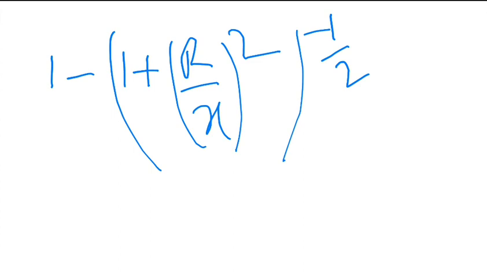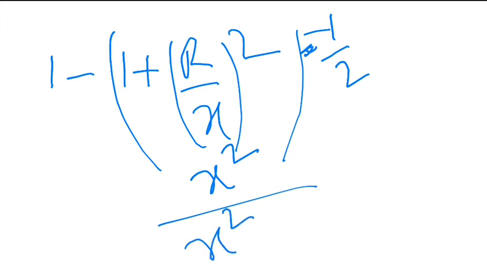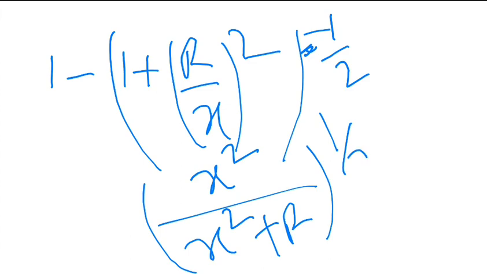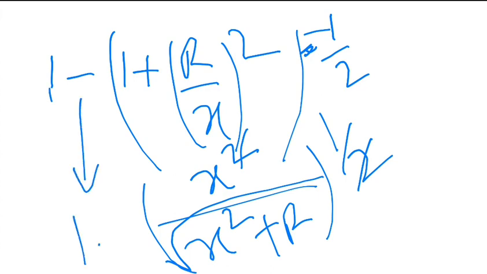Now because of this minus sign, this gets reversed and this will become x square divided by x square plus r square to the power 1 by 2. Now this and this get cancelled out and this will become root under x square plus r square, and this will be 1 minus x.